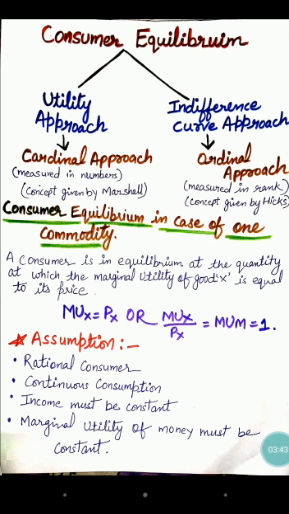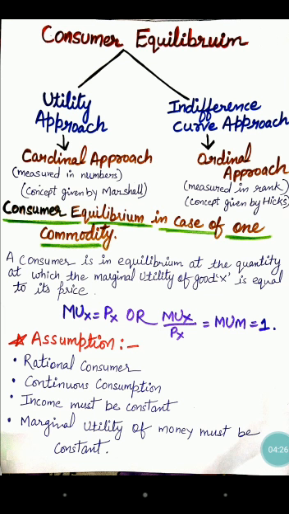If we want to calculate consumer equilibrium in case of one commodity, we have one formula: MUX equals PX. What is MUX? Marginal utility of commodity X is equal to the price of commodity X. Marginal utility means additional satisfaction. जब हम एक यूनिट से दूसरी यूनिट में जा रहे हैं तो दूसरी यूनिट में जाने में हमें कितना एडिशनल सेटिस्फेक्शन मिल रहा है, दैट इज MUX.